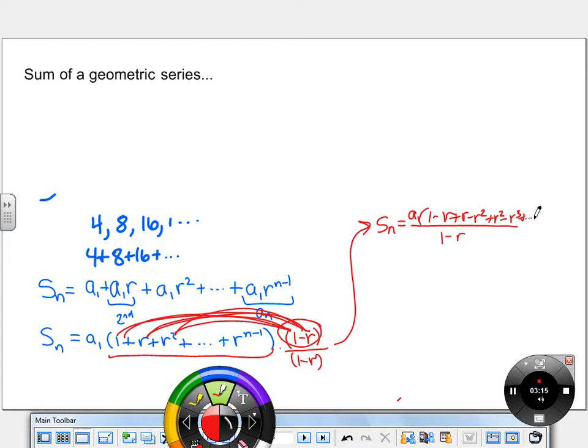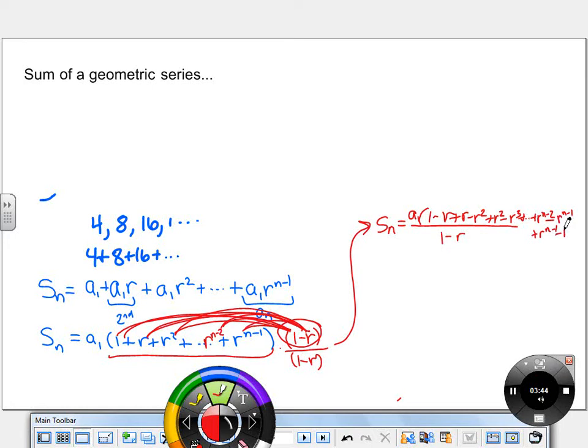If we continued this pattern, remember that right before r to the n minus 1 is r to the n minus 2. So if we had multiplied 1 times that, we would get r to the n minus 2. And then if we multiplied negative r times that, we would get negative r to the n minus 1. Then when we go to the last term, we get plus r to the n minus 1.